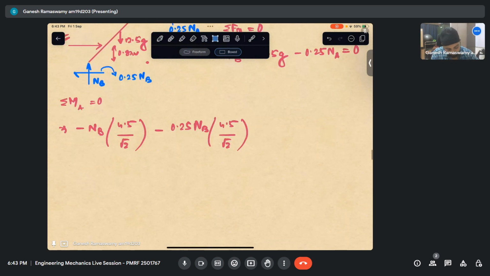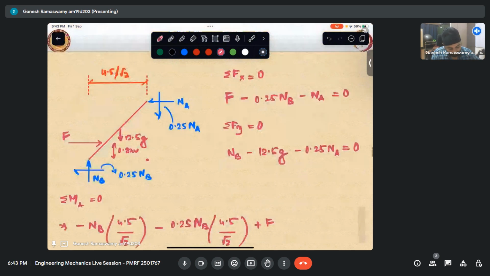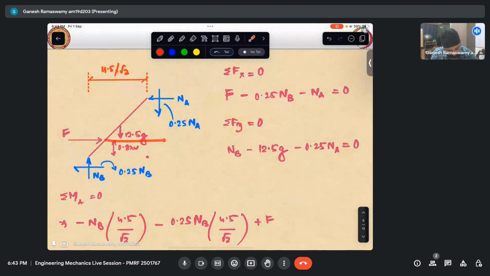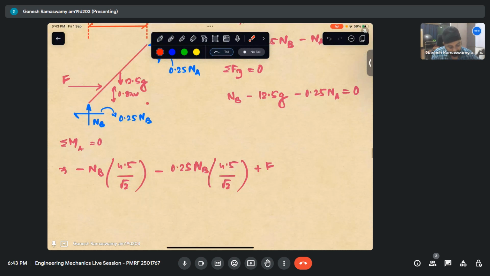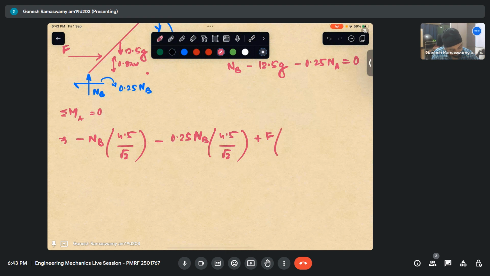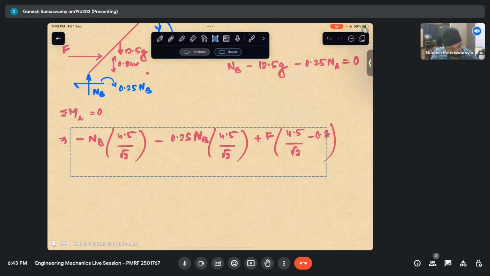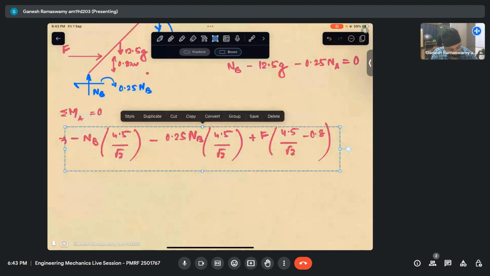Now I have the contribution due to force F. F is acting like that, so this distance will be the total distance minus 0.8, which happens to be 4.5 by root 2 minus 0.8. So far we have accounted for the three contributing forces to the moment.